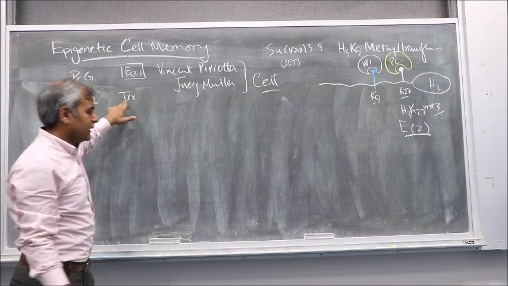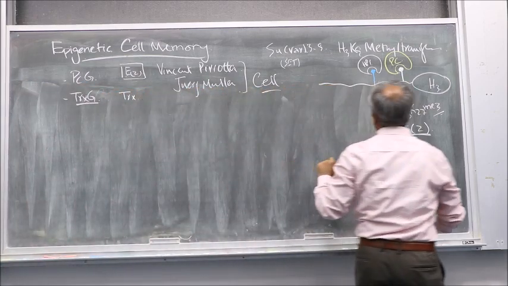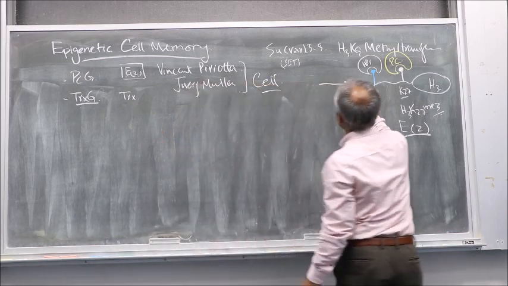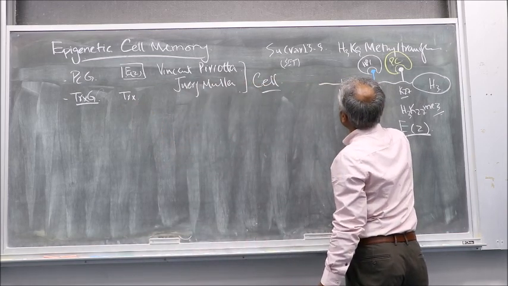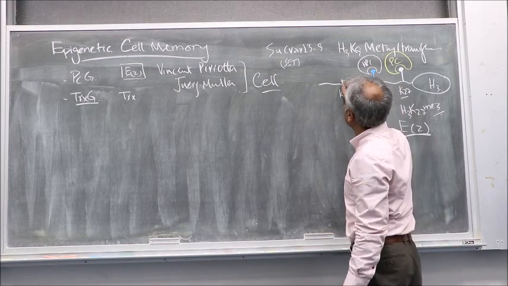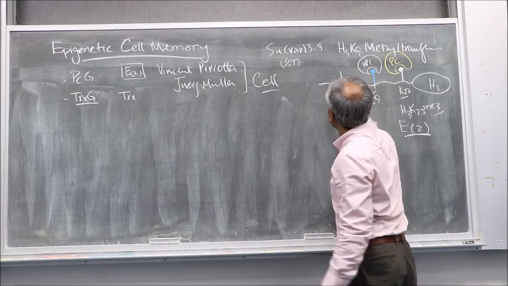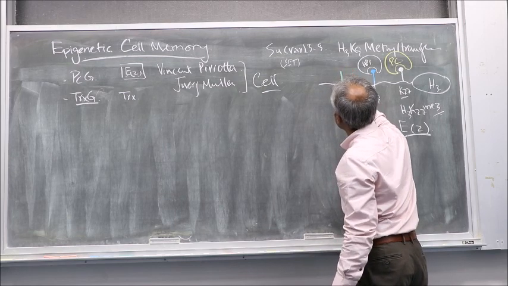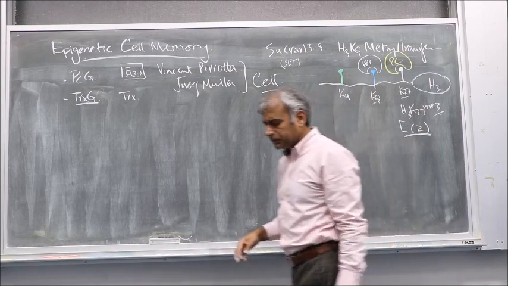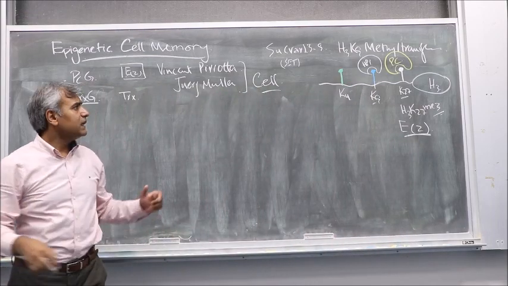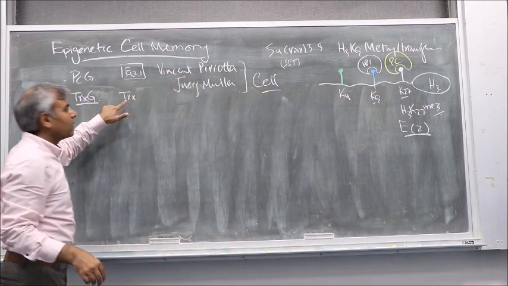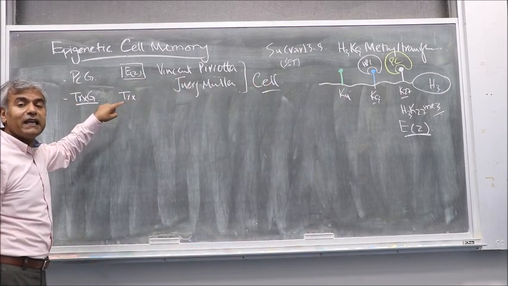Not long after, it was also discovered that trithorax, which also contains a SET domain, methylates lysine 4 in histone H3, and this lysine 4 trimethylated state was due to the SET domain in trithorax.